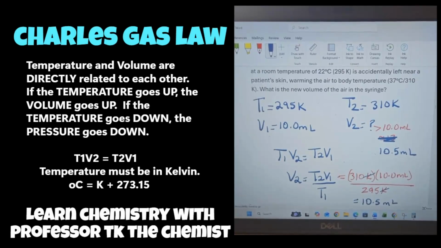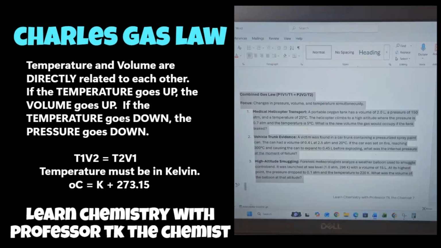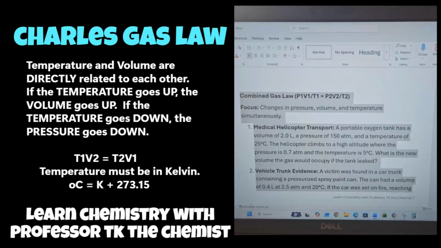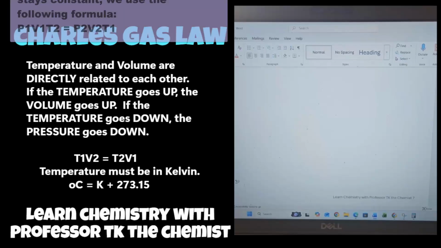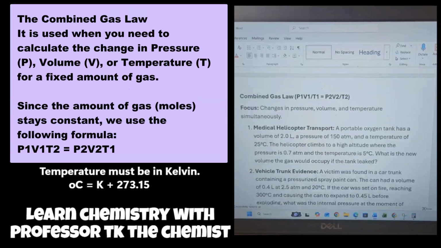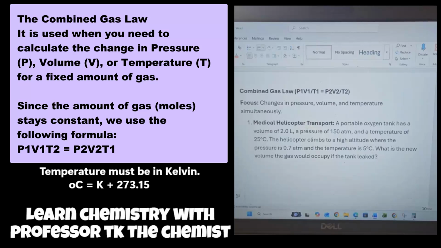Now, we've got another example, this time dealing with the combined gas law. This one again is simple, but here's what you've got to remember. The combined gas law deals with all three variables: pressure, temperature, and volume. So everything is going to be used together. But here's the thing.